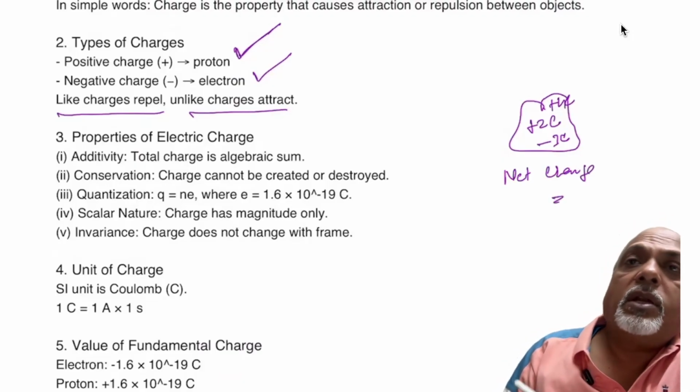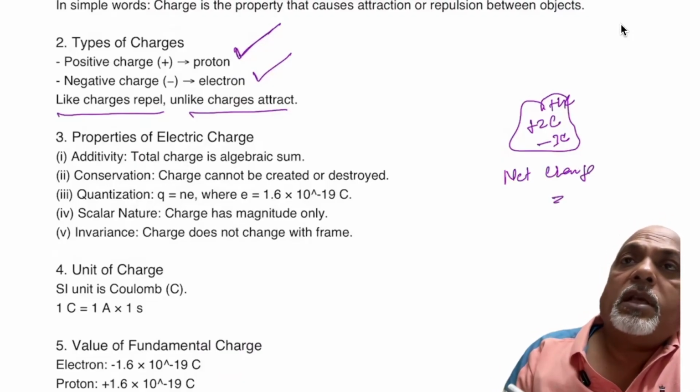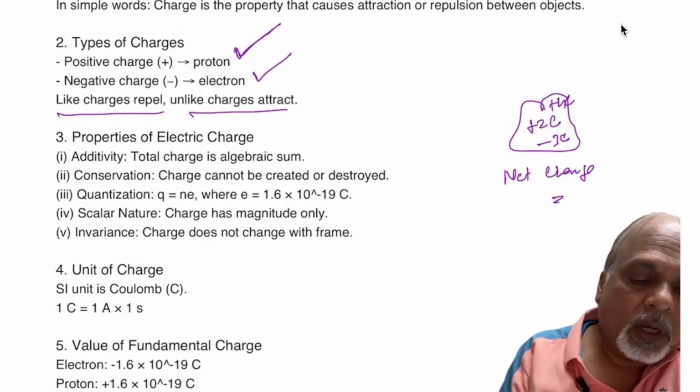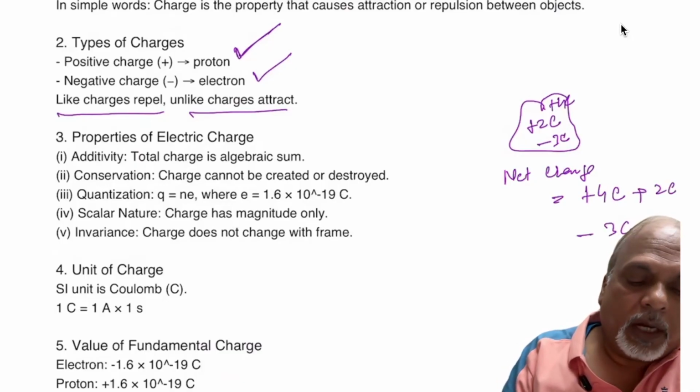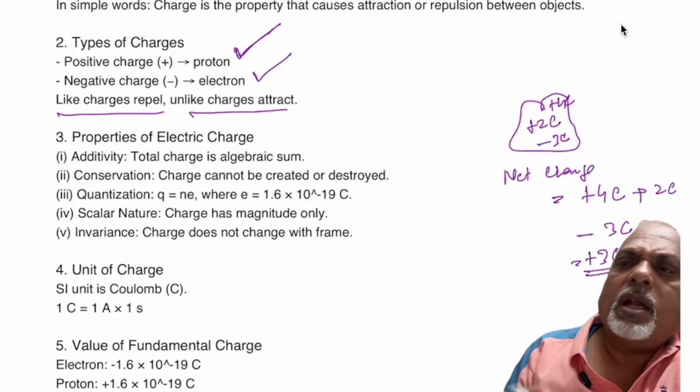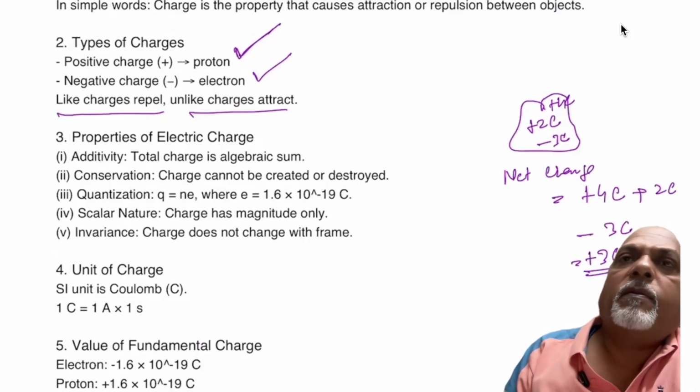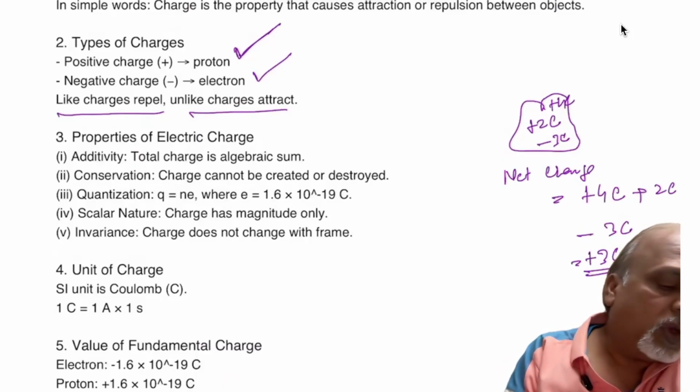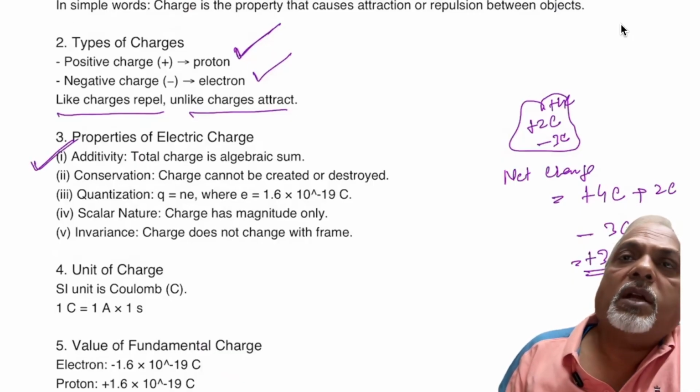Net charge is the total charge, that is the algebraic sum. Means +4 Coulomb +2 Coulomb -3 Coulomb, that means 3 Coulomb plus. So charges are plus and minus, and algebraically you have to make a sum. This is called additivity of the charges.